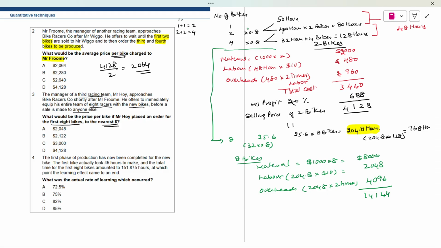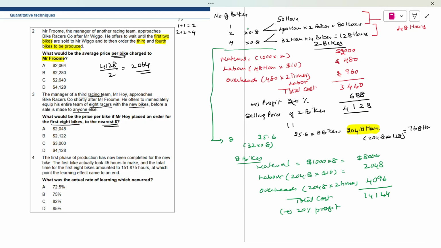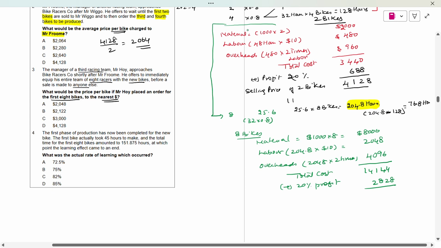Check. That's correct. So times 2, it is 2828. You don't need a calculator also.